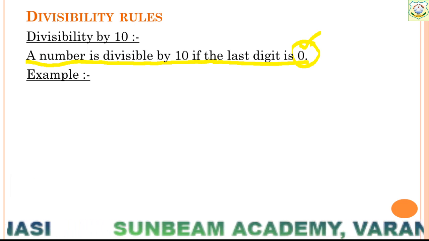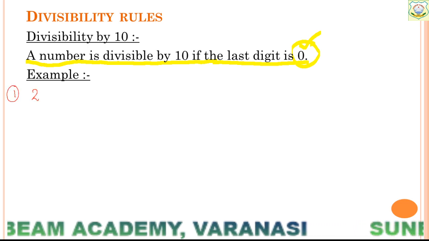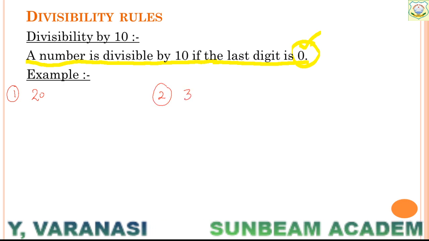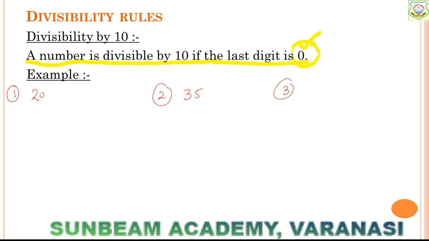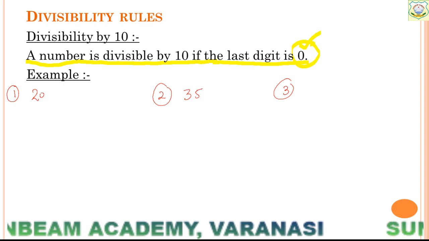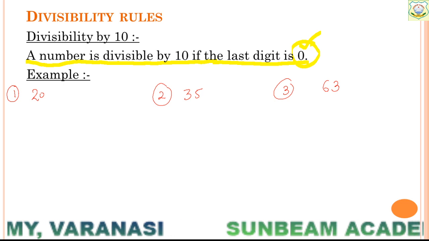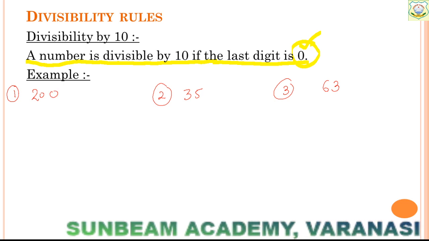So now let's take some examples. First I am taking 20, then second I am taking 35, then third I am taking 63. Okay? Or we can change the number. Let's take 200.